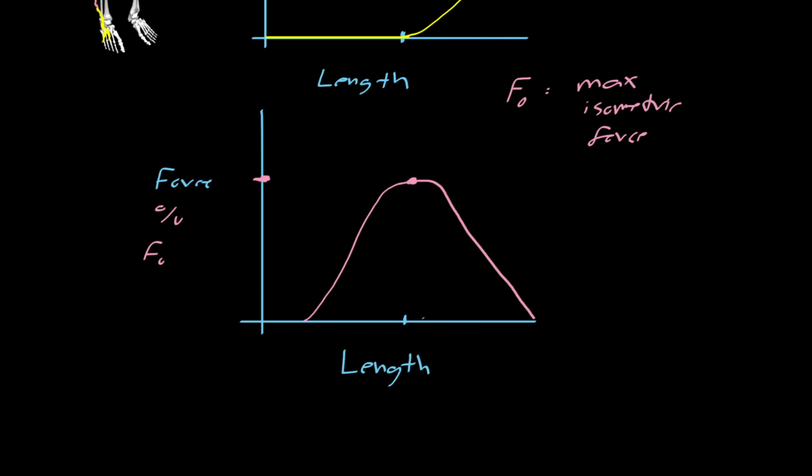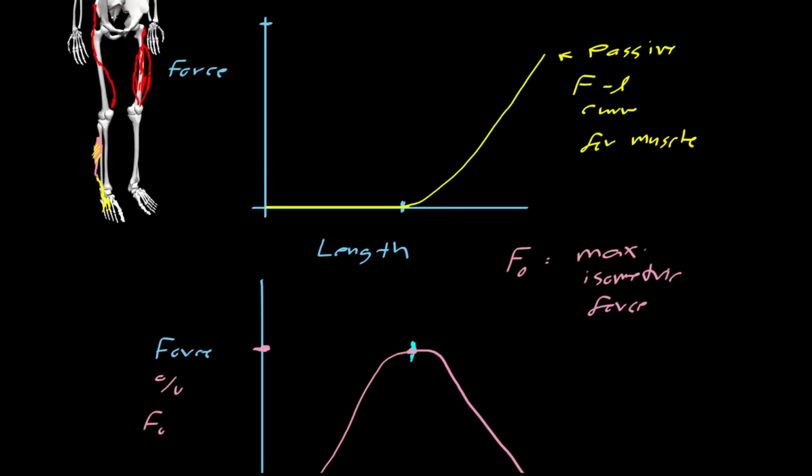And one other thing that we do is we define whatever length it is, whatever muscle length produces this amount of force, we call that, the abbreviation in the notes is L naught, but it's just the optimal muscle fiber length. Sometimes people just say optimal fiber length. And it's optimal because that's the length at which we get maximum force. That's where it comes from.